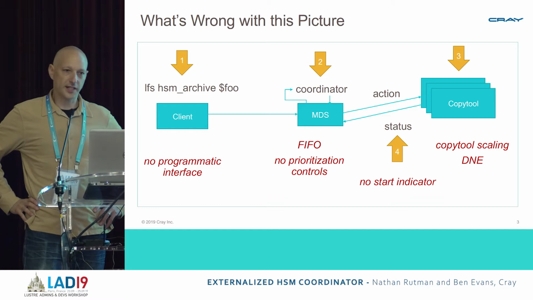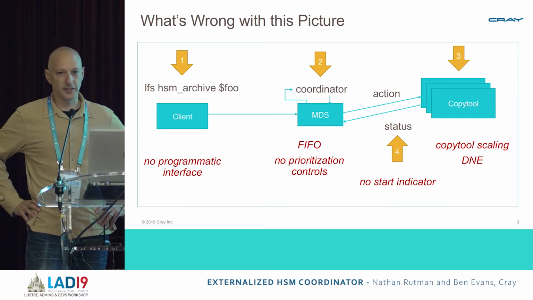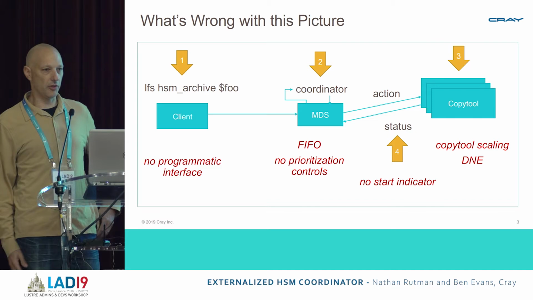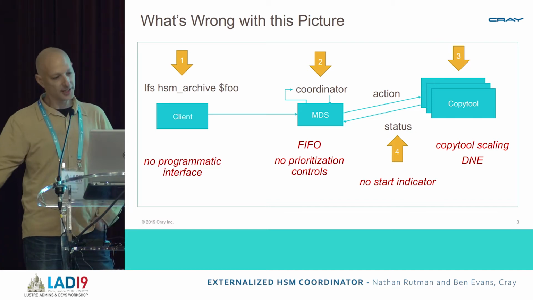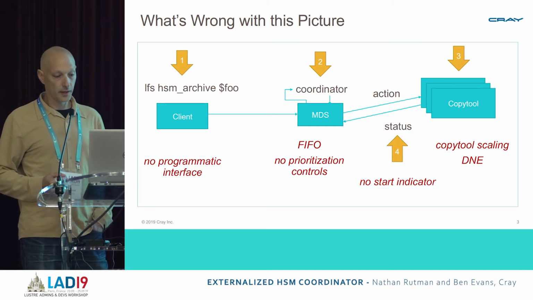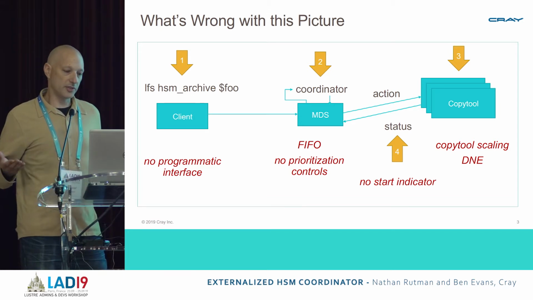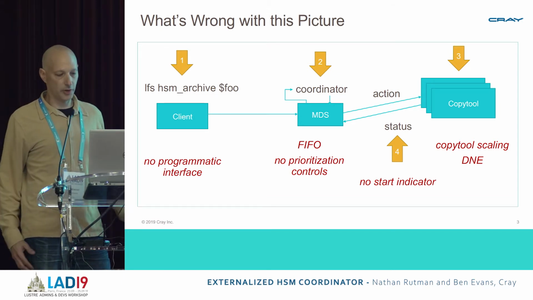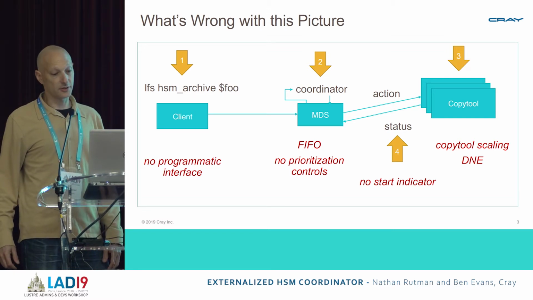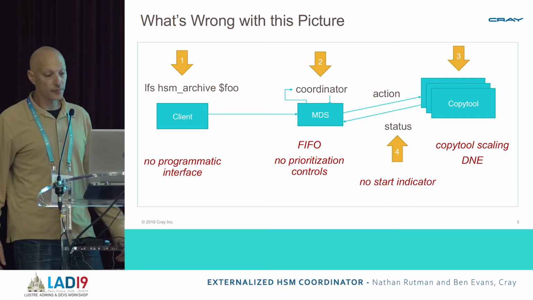That restore is stacked up behind your 1,000 archive commands, and your application that's waiting for this file just has to wait till all those 1,000 files get archived first, and then you get to the restore. So that's kind of a disaster in a lot of ways. There's also no ability to reorganize those files. If you decide to change your priorities at some point, there's no way to modify that ordering.